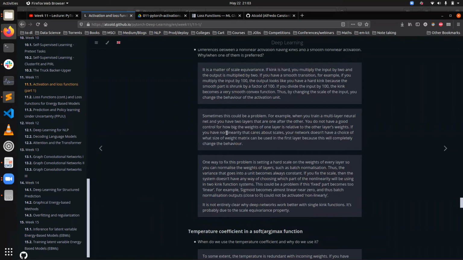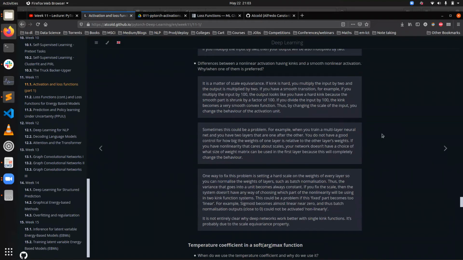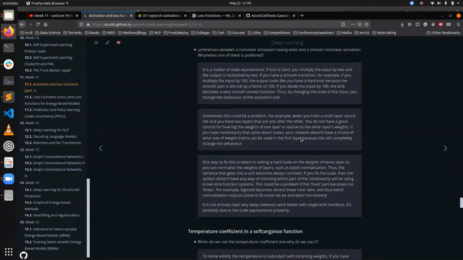So if you have a nonlinearity that cares about scales, your network does not have a choice of what weight matrix can be used in the first layer, because this will completely change the behavior of the activation function in the next layer. That is why having a kink is better than having a smooth curve in your activation function.